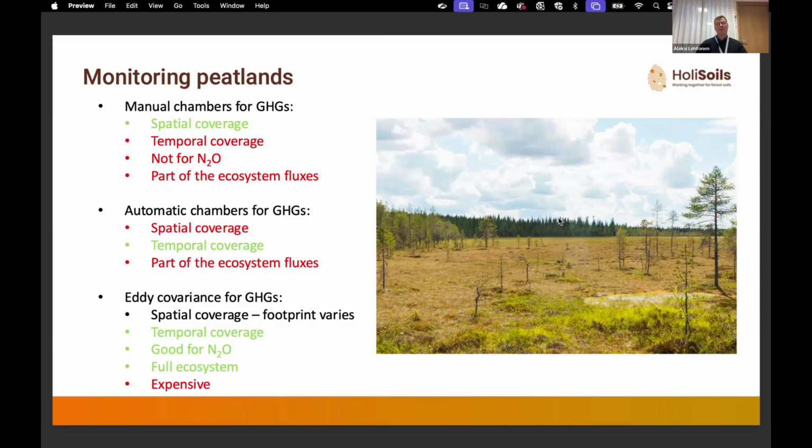Then the eddy covariance for greenhouse gases, you have a spatial coverage, but it varies. The footprint area depends on the wind direction and wind speed. And that's a kind of its own field of science to estimate the footprint areas for these eddy covariance towers. You get good temporal coverage, and it's nice for N2O. It's including all kinds of surfaces, not only undisturbed surfaces.